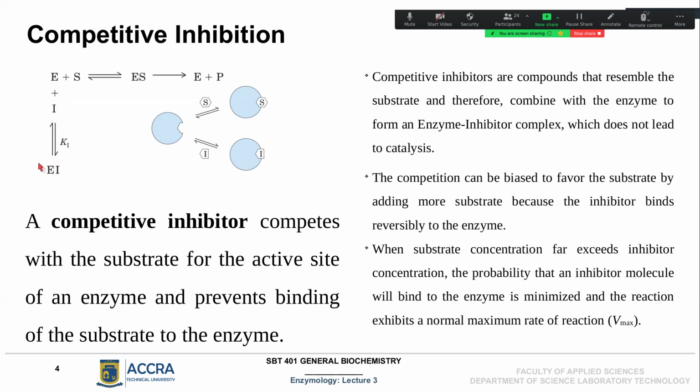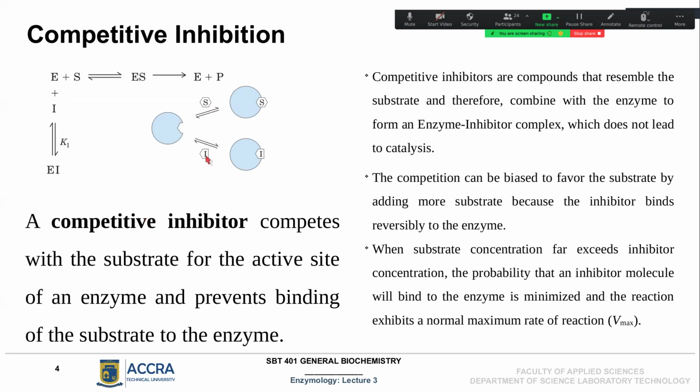Now, you see that the substrate and the inhibitor are competing for the active site or the active center of the enzyme. So that is where the term competitive comes from, competitive inhibitor.